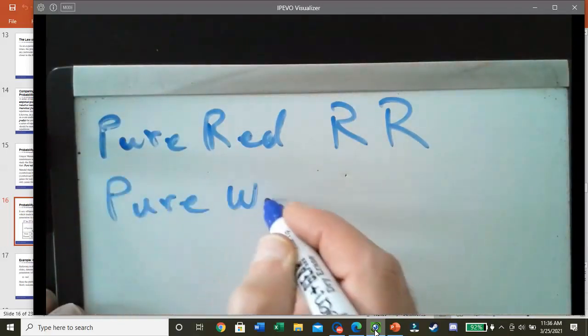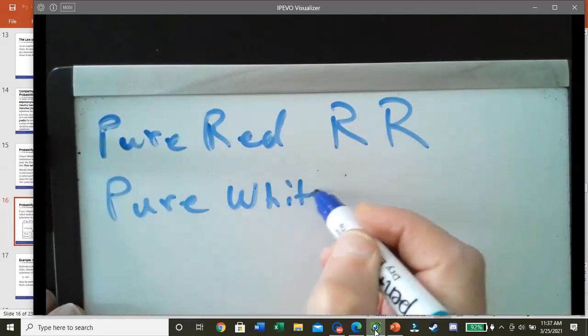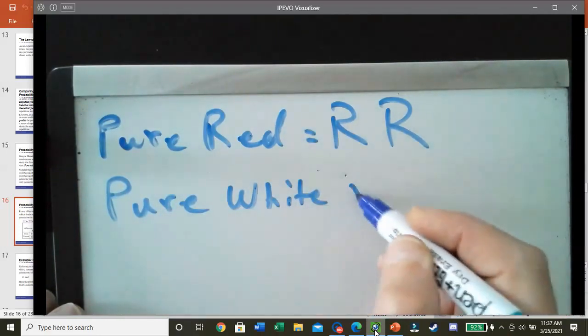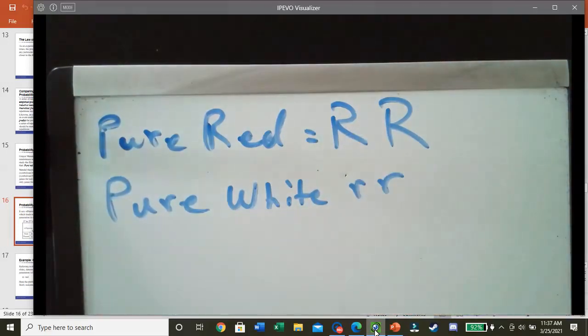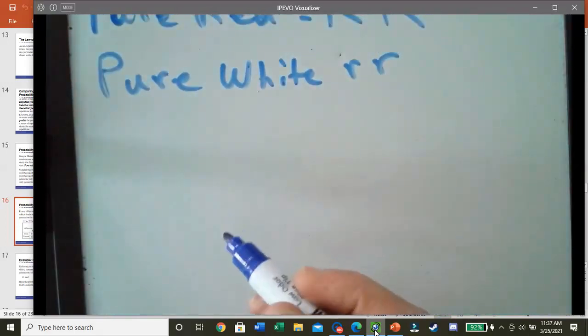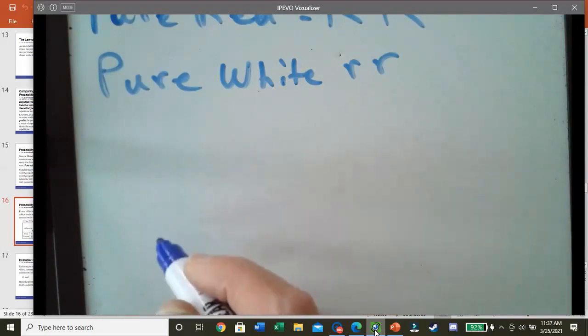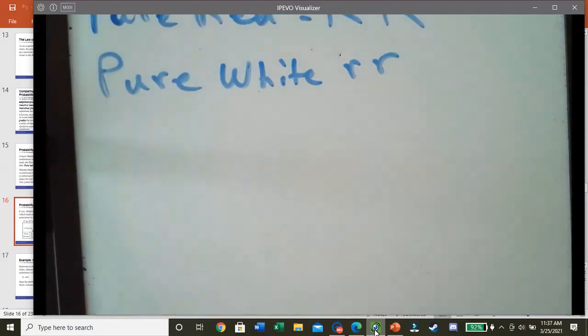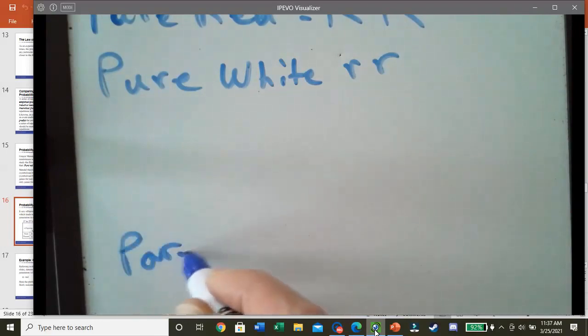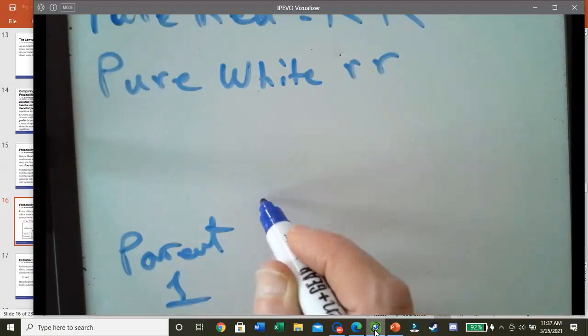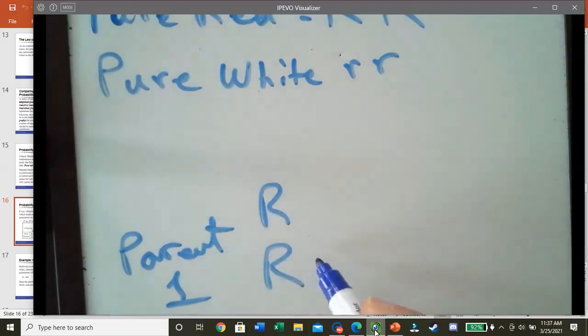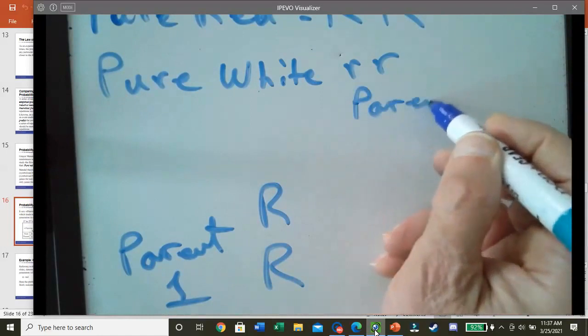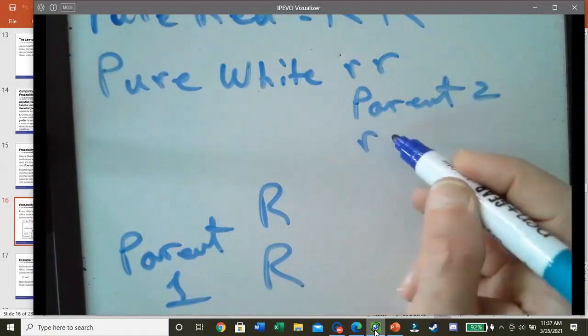Pure white is 2 lowercase r's. So from here, we went ahead and put together what we call a Punnett square, where parent 1 is red and parent 2 is white.